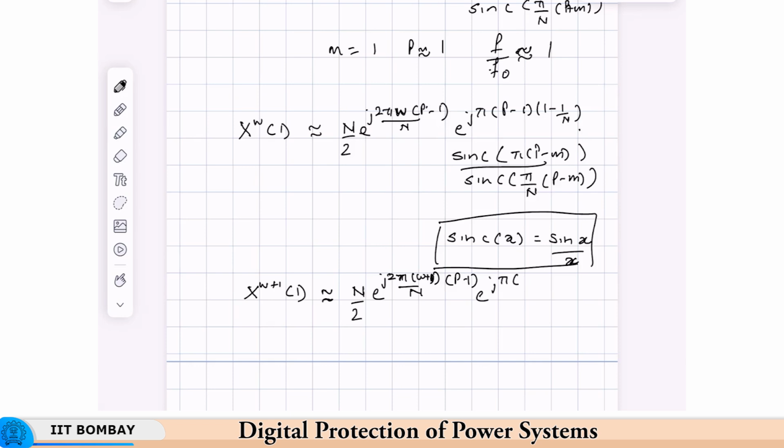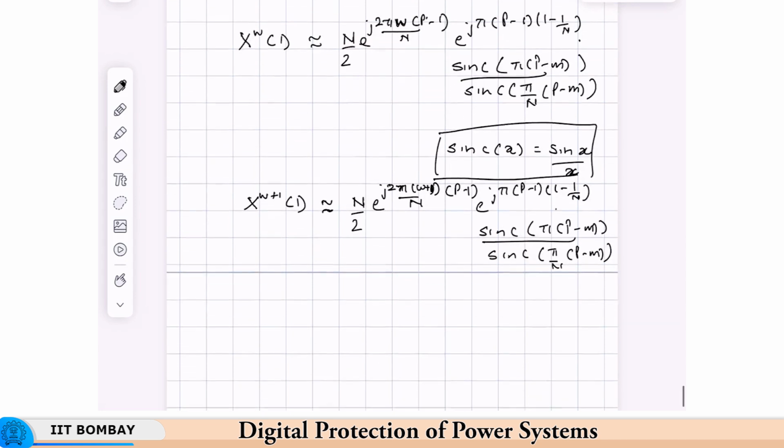I'm just writing it so that we get very comfortable with the expression. Otherwise I could have simply divided the two expressions, upon sinc of. Okay. So what does that give us now?